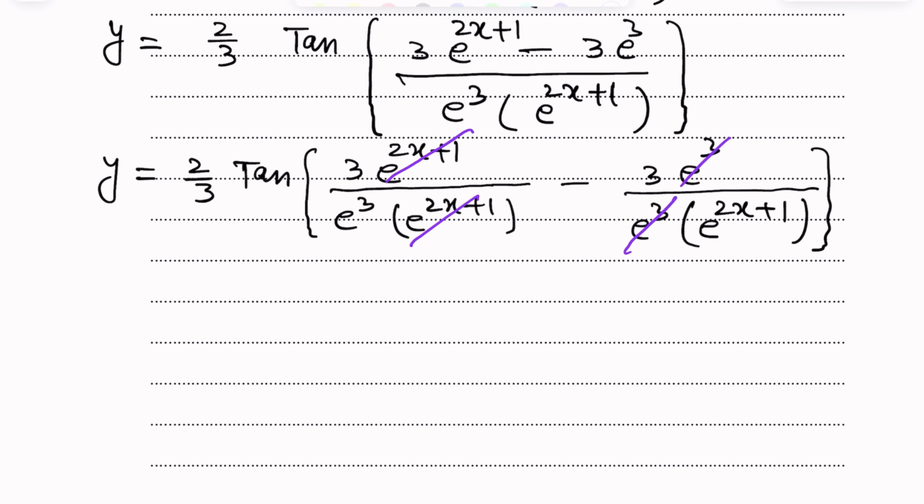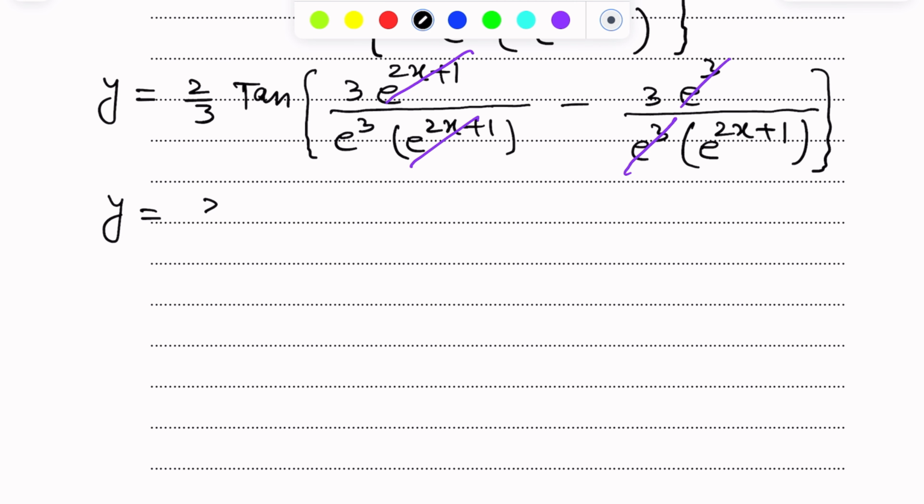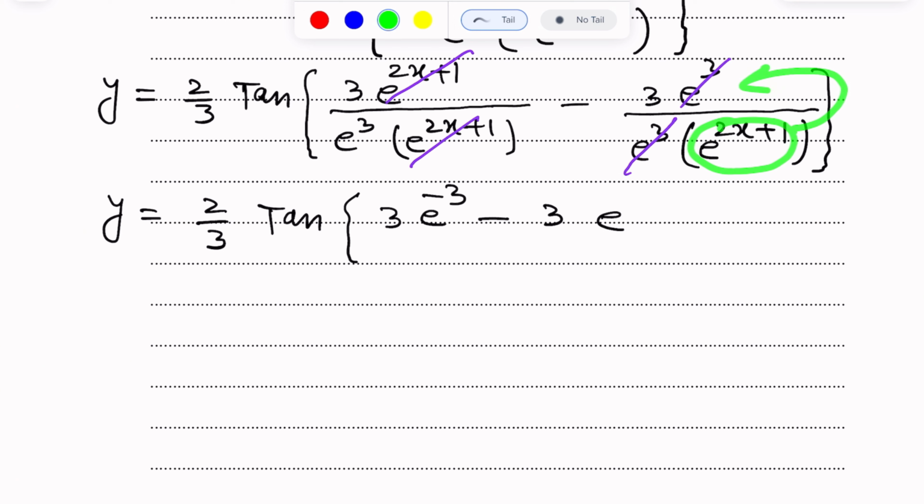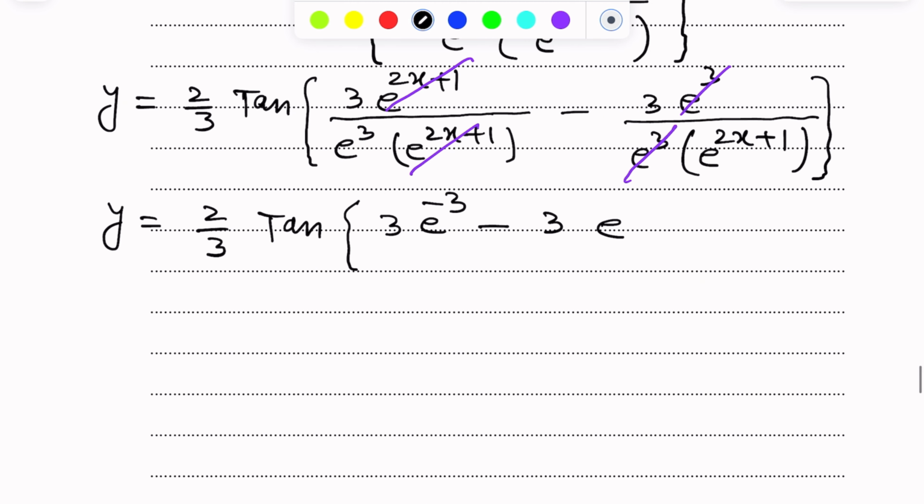So we finally get y is equal to 2 over 3 tan of 3 e power negative 3 minus 3 e power, this factor comes in the numerator so the sign of the power will be changed, so we can write 3 e power negative 2x minus 1.